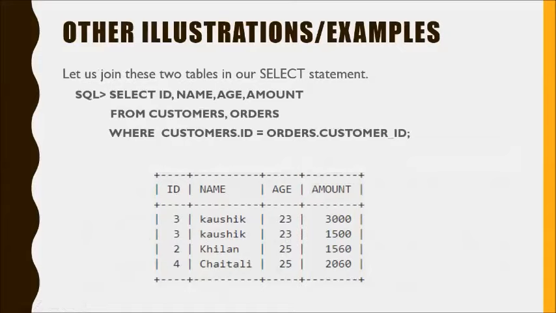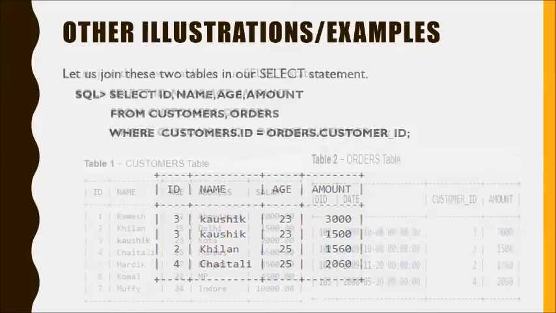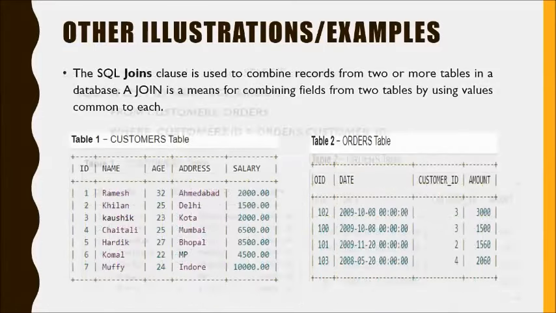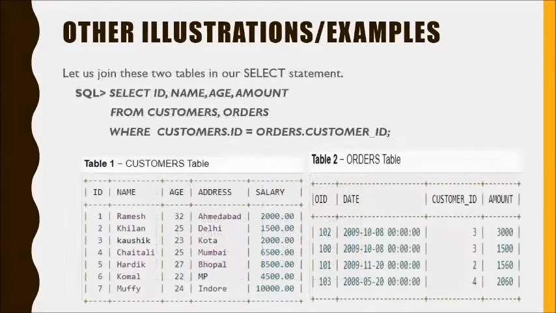So we have select ID, name, age, amount from customers, orders, where customers.id is equal to orders.customer ID. So we have customer ID 3, which is Kaushik. The customer ID came from table 2, and the name came from table 1.